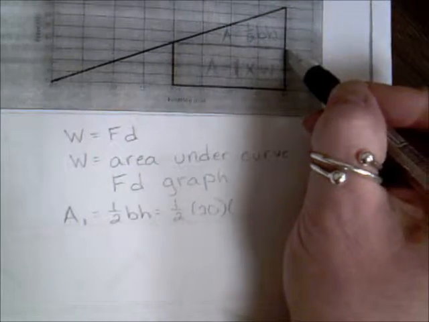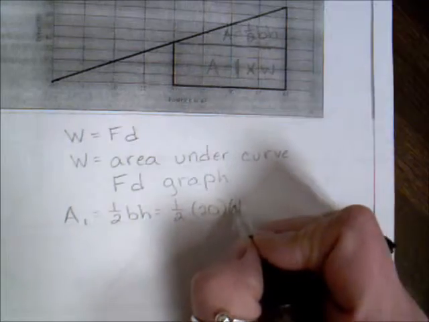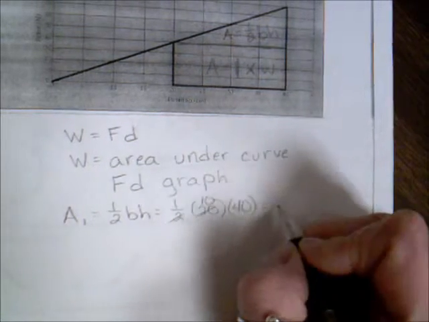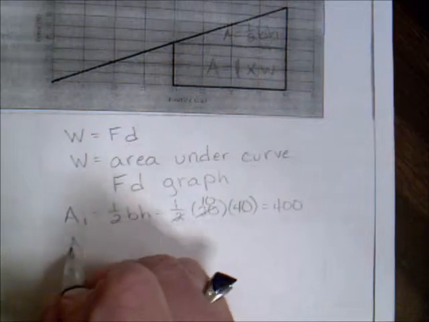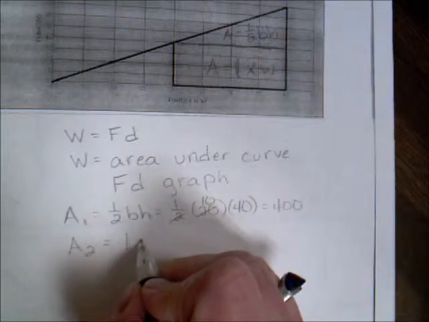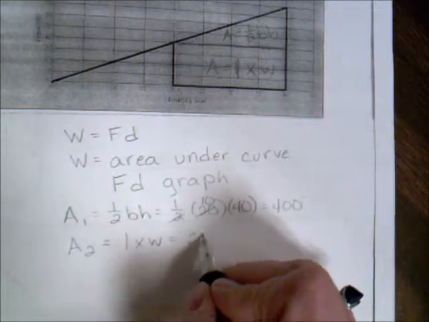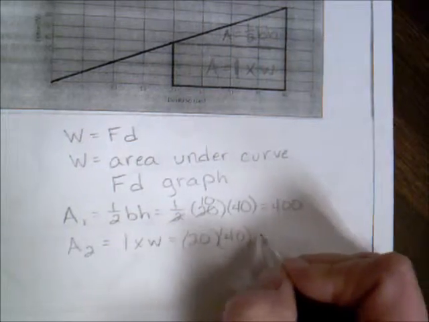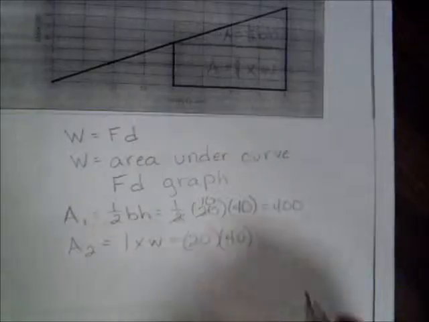My height is from 40 to 80, so 40. That's going to make that 10, so 40 times 10 is 400. And then my area 2 is going to be equal to length times width, which is 20 to 40, is 20. Height is going to be 0 to 40. 20 times 40 is equal to 800.